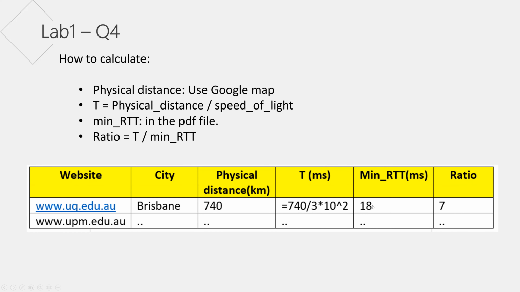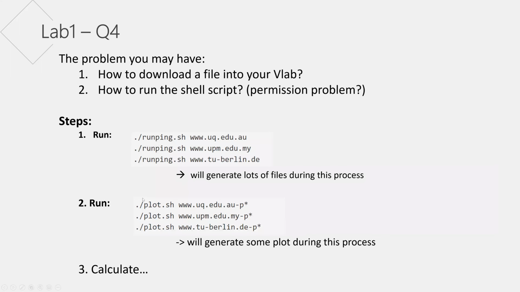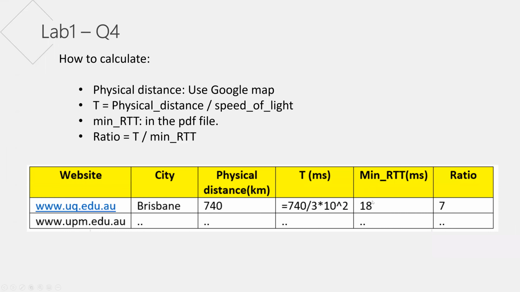This value is in the PDF file that we generated in the previous step. In the second step, we generate some PDF files. Then you need to click it and see what the minimum RTT is. And the ratio will be T divided by the minimum RTT.